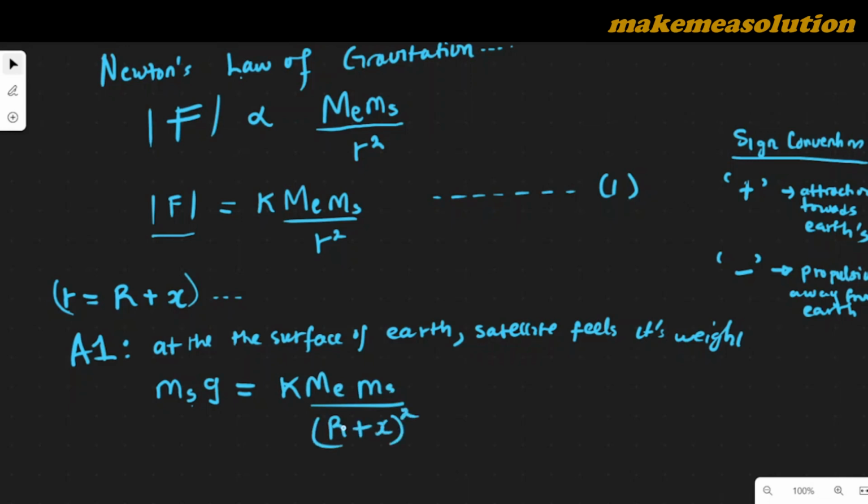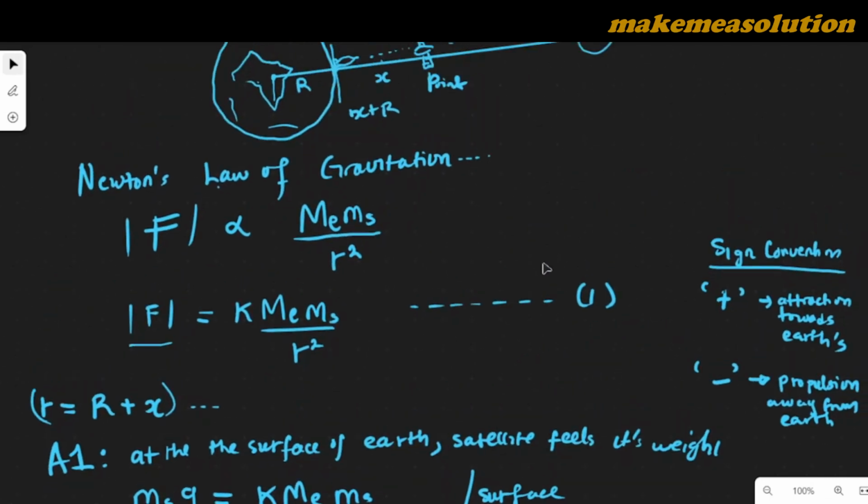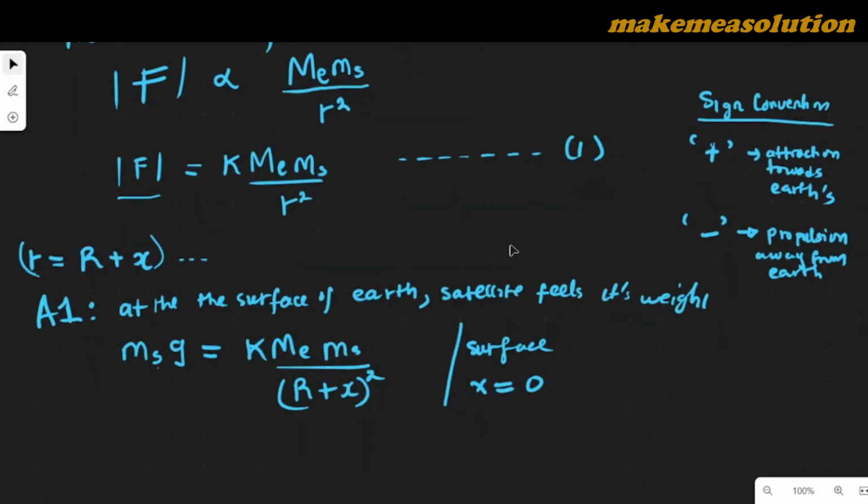But remember that since we are dealing at the surface of the Earth, this particular distance x becomes 0. Look at it from the diagram. At the surface of the Earth, this is our origin, and x increases from this origin along. So the only parameter contributing to r on the denominator is capital R, which is the radius of the Earth.